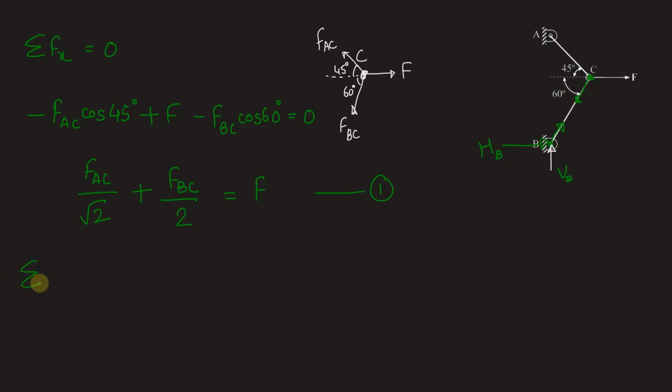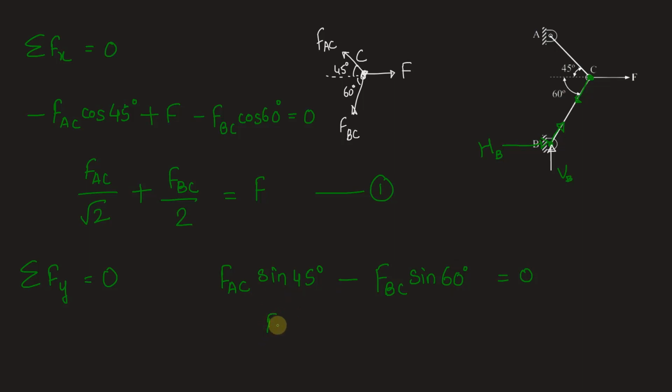Now taking the other equilibrium equation, summation Fy equal to 0. We have all the forces in vertical direction are positive FAC times sine 45 minus, this will be negative because this is downward as per the assumption. So we have minus FBC sine 60, which is equal to 0.